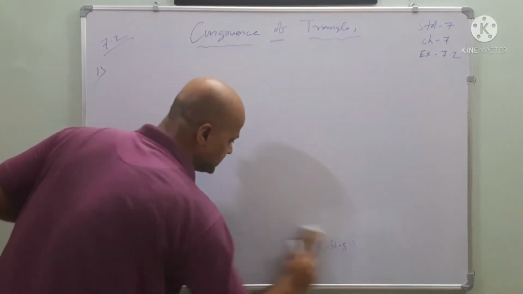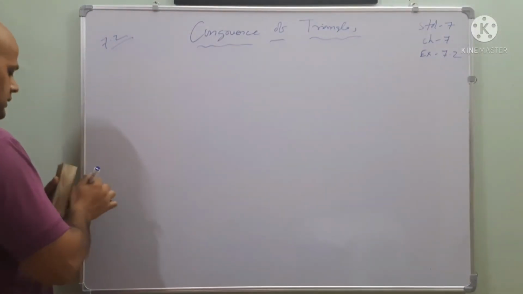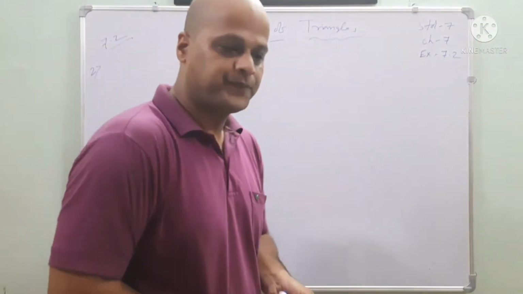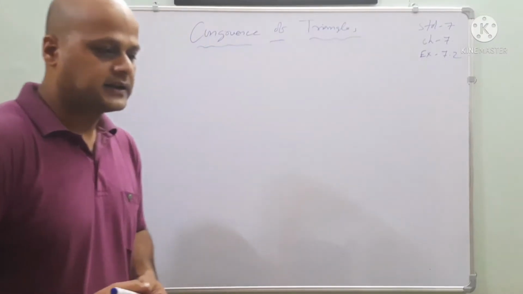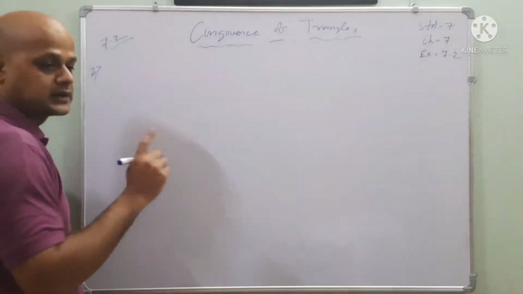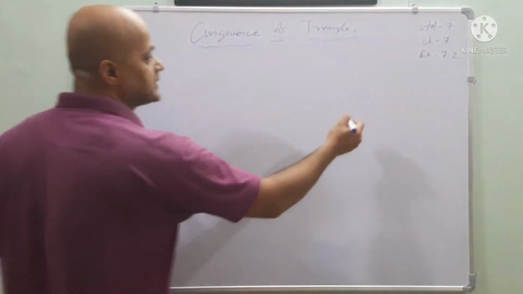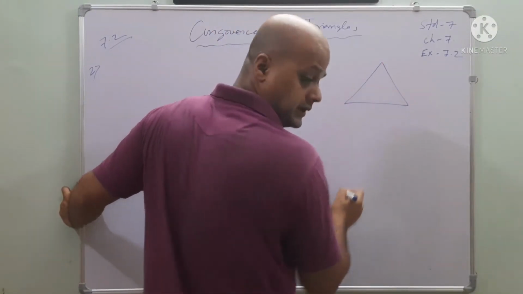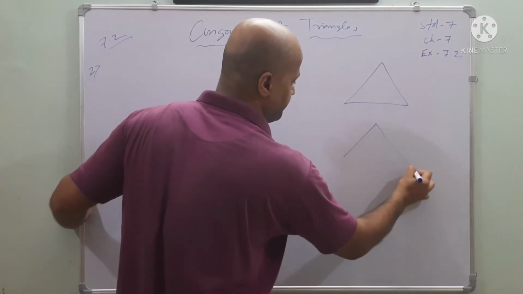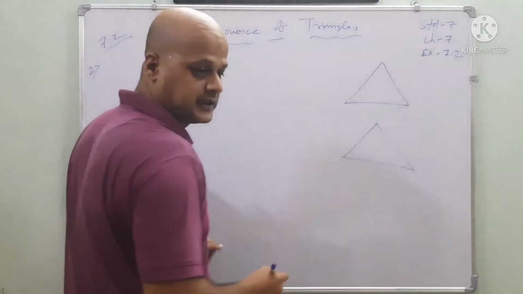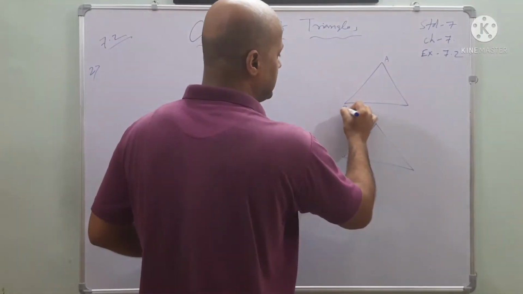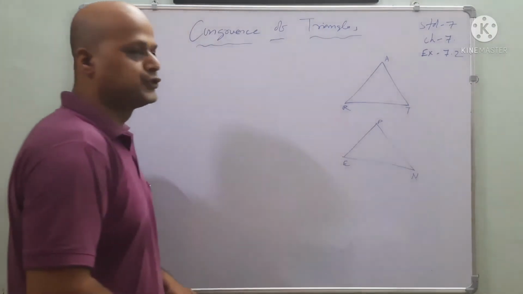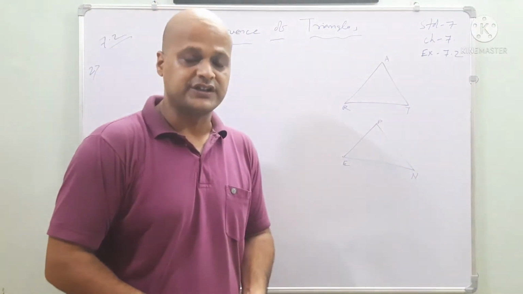What is the second one saying? The second one is about triangles ART and PEN. Two triangles are given, and they are congruent with each other.